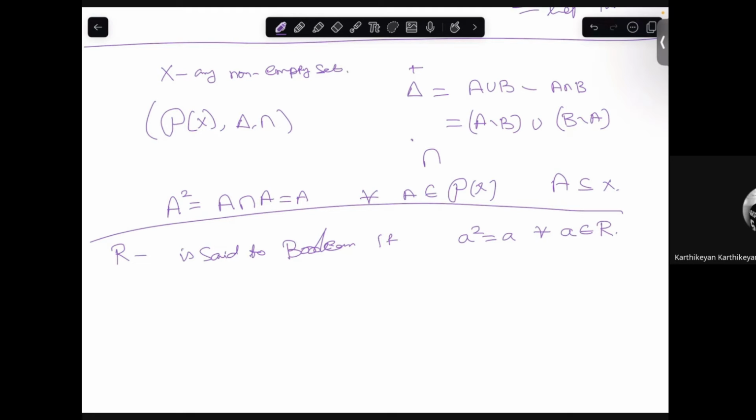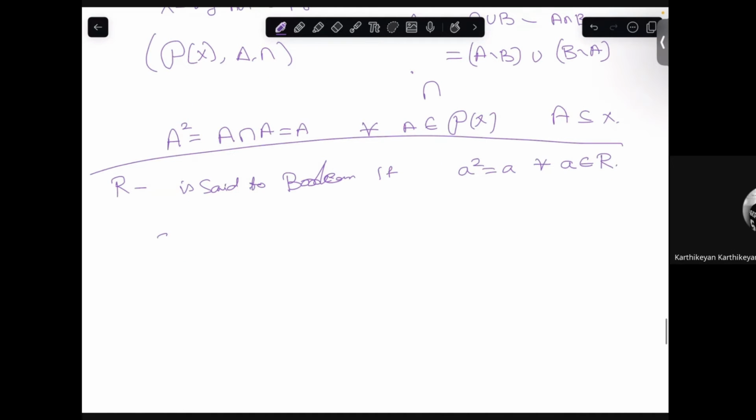Just this one condition is going to be very powerful. It has a lot of properties. For example, A plus A equals 0, or we write it like 2A equals 0. Anyone who knows a little bit of module theory can understand that a Boolean ring can be considered as a module over Z2.